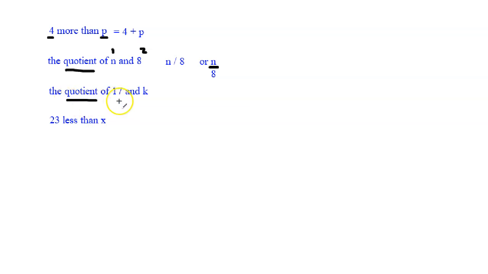So the quotient still means division, but now we have the quantity first and then the variable second. So let me show the two ways you can rewrite this. We would have 17 divided by k, or 17 over k. It's up to you how you want to do it.